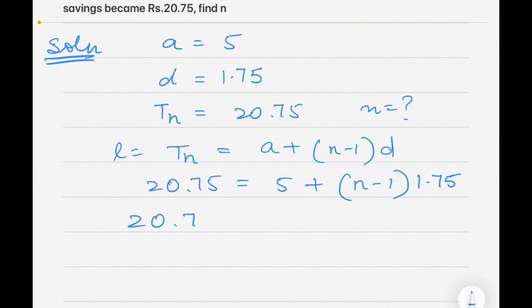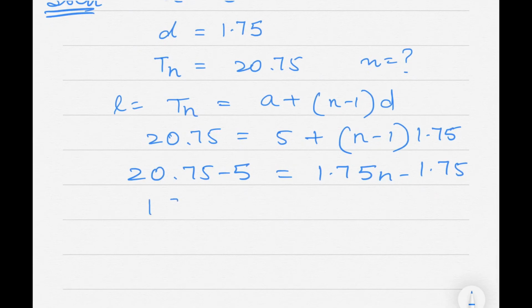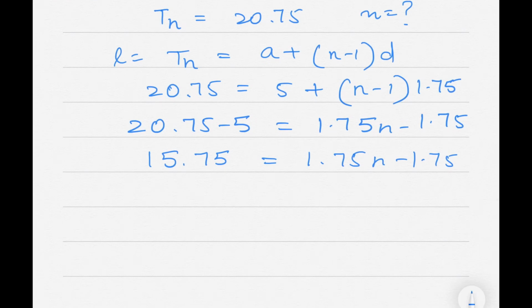So 20.75 minus 5 is equal to 1.75n minus 1.75. So 15.75 is equal to 1.75n minus 1.75.